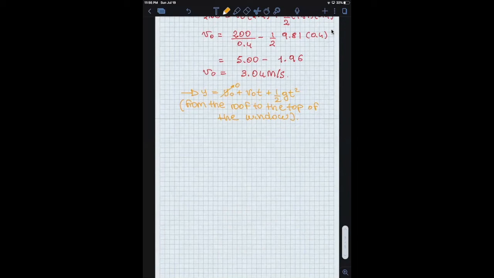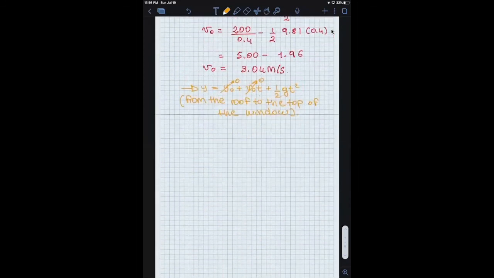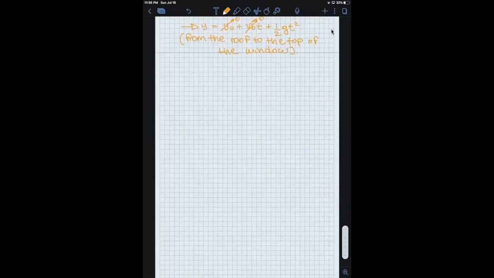If the problem says the ball is thrown, then it has an initial velocity. But if it is simply dropped, then the initial velocity is 0. So this also simplifies to 0. Y in this case, as I've said here, is YR. So YR is equal to 1/2 g t squared.